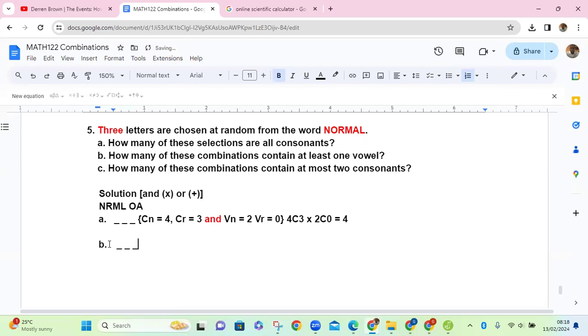At least one vowel means one vowel and 2 consonants, or 2 vowels and 1 consonant, or 3 vowels and 0 consonants. Bear in mind, take note of the usage of the words and and or. So that's 1 vowel and 2 consonants.